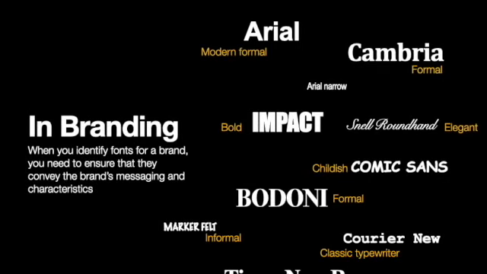In contrast, Arial is modern but formal. Impact is very bold. Snell Roundhand is elegant. Now, Marker Felt looks childish and informal, and same with Comic Sans. It looks very childish. Whereas Courier New looks like a typewriter font, with very, very specific characteristics.